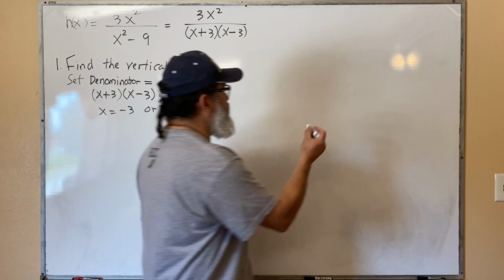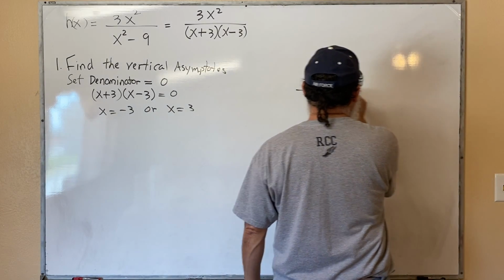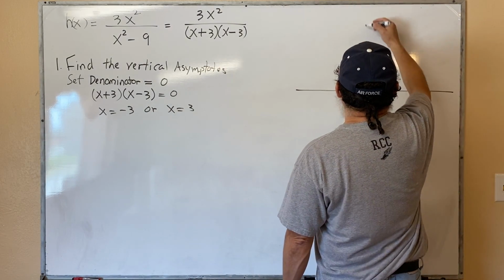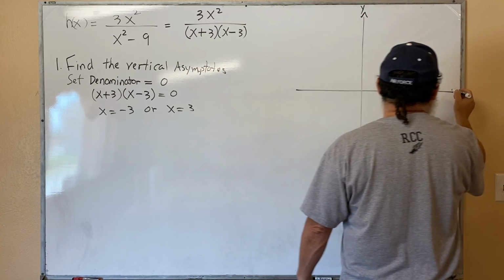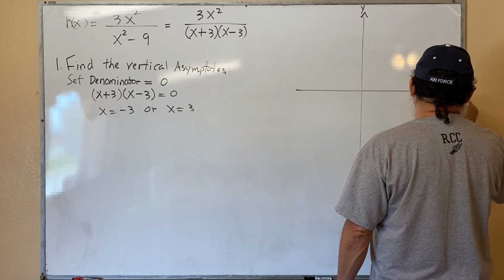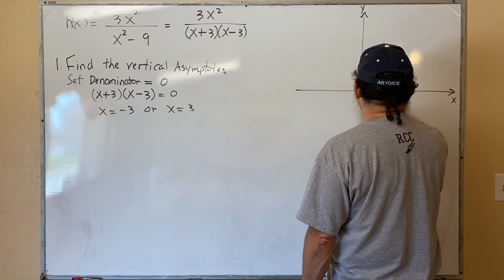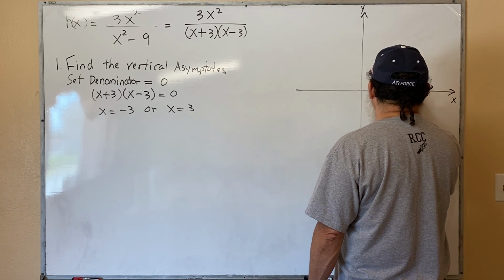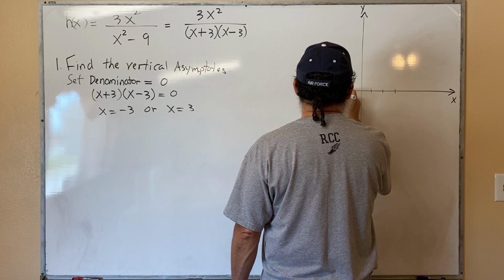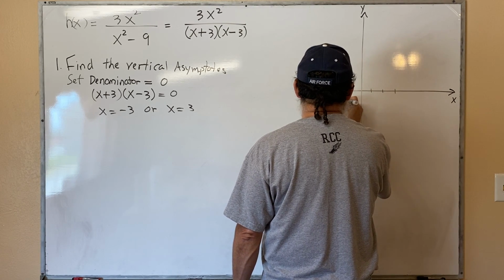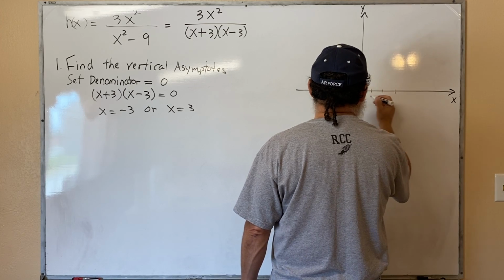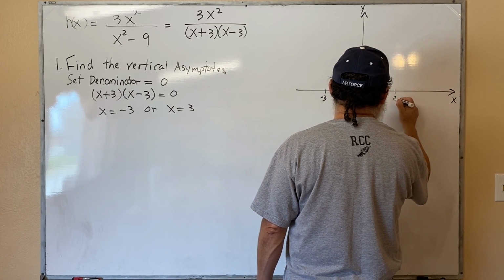So now we go to the x-axis and the y-axis. 1, 2, and 3. That's negative 3, negative 2, negative 1, 1, 2, and 3.